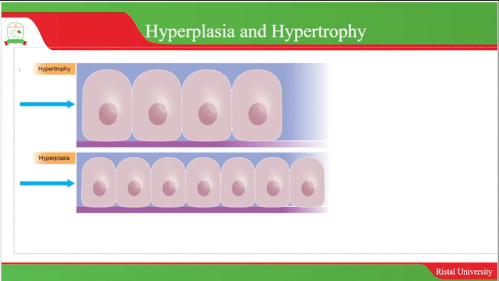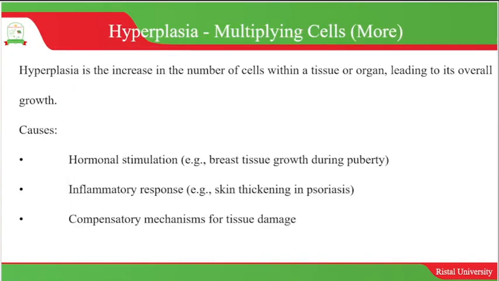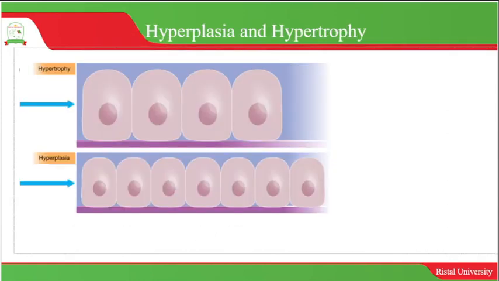and at a faster rate. So we can see that the difference between hyperplasia and hypertrophy is that hyperplasia is increase in cell number. The lower figure shows increase in cell number.